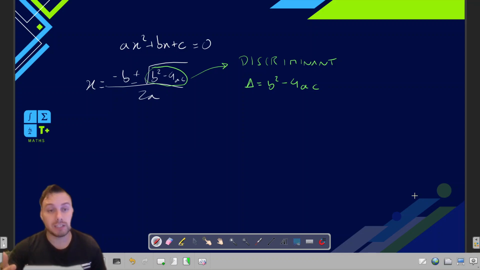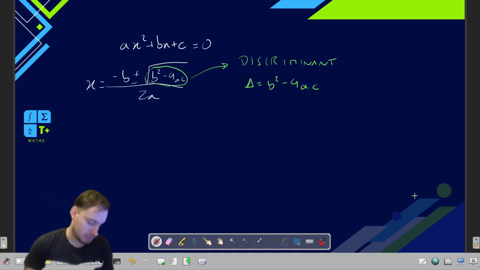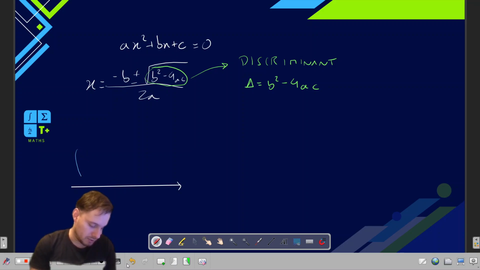A quadratic equation can have up to 2 solutions, but it could have only one, or 0 solutions. Imagine I have my x-axis over here, and my parabola crosses the axis twice.